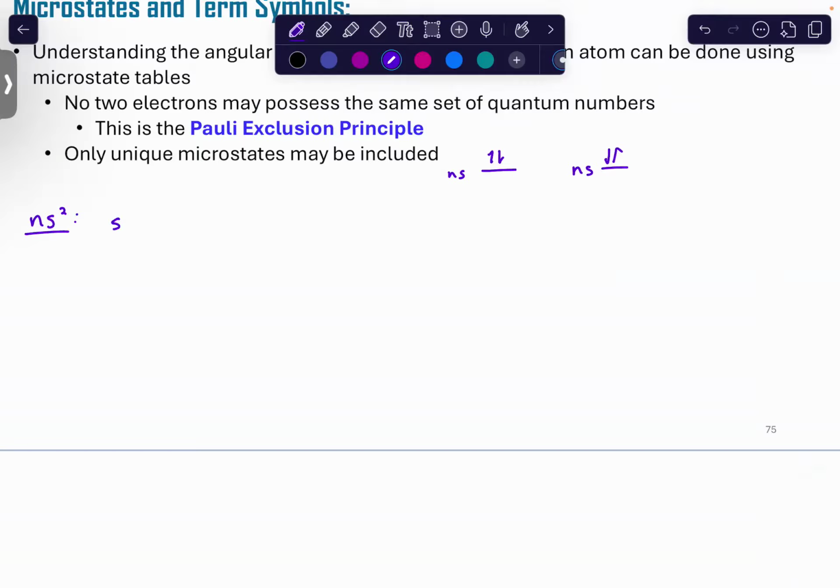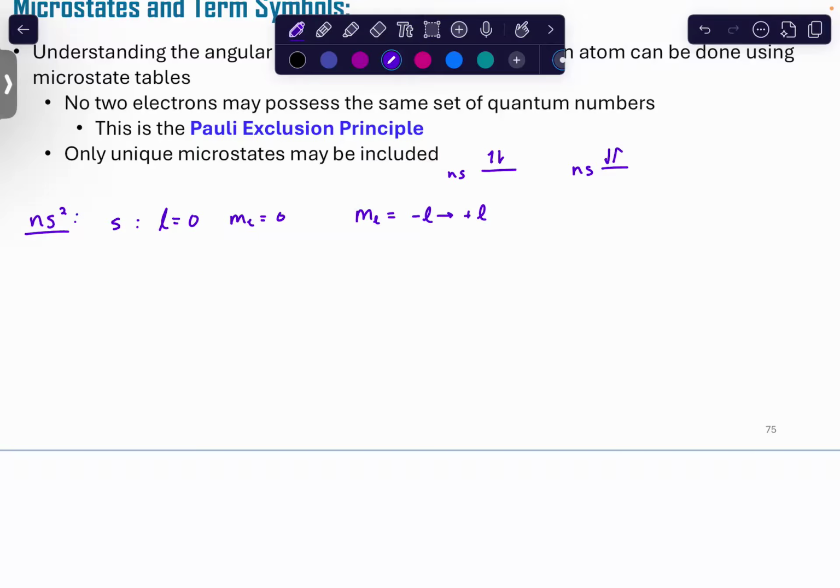So for s, your quantum number L is 0. Your values of M sub L are only going to be 0, because remember, M sub L is minus L to plus L as possible values.